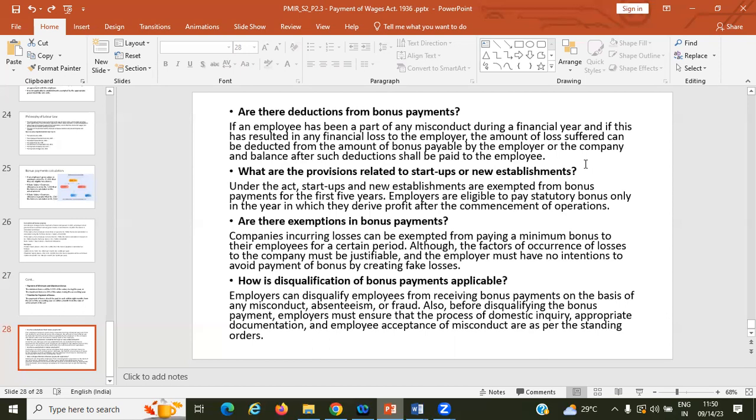So whatever amount you have lost, you have created a problem for the organization, for the employer, then that amount will be deducted from your bonus. So when you are declaring the bonus, you have to make sure for those kind of employees.